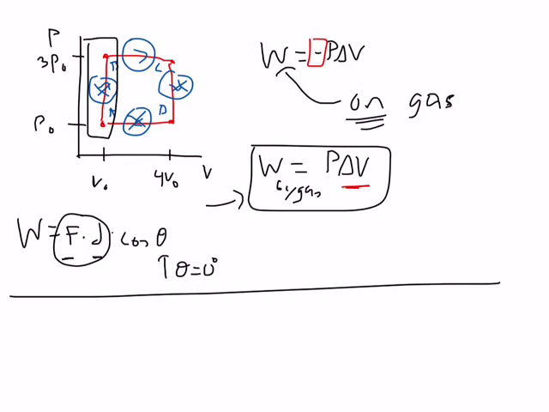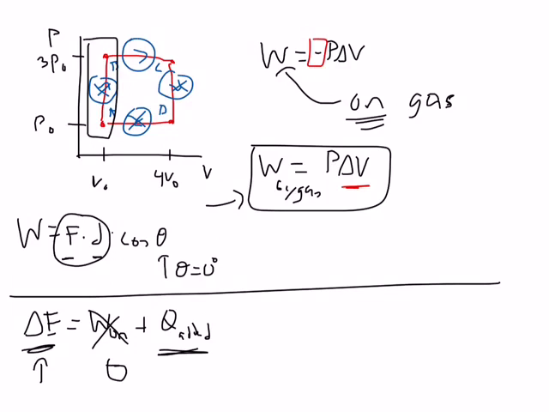We know that the change in the internal energy, or delta E, is the work that's done on it plus the heat added to it. Delta E must increase because the temperature has gone up. The work is 0. So, what does the heat have to be? Well, it has to be positive, right?